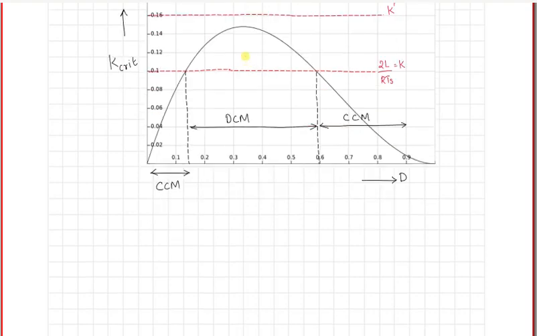We can look at what is the value of D at which this k critical becomes maximum, right? So what we can say is that at the maximum point, d k critical by dd should be equal to 0, and k critical is d times 1 minus d the whole square. So d by dd of this function should be equal to 0.